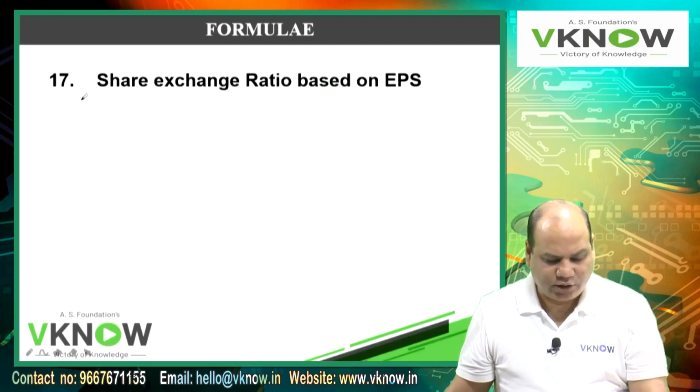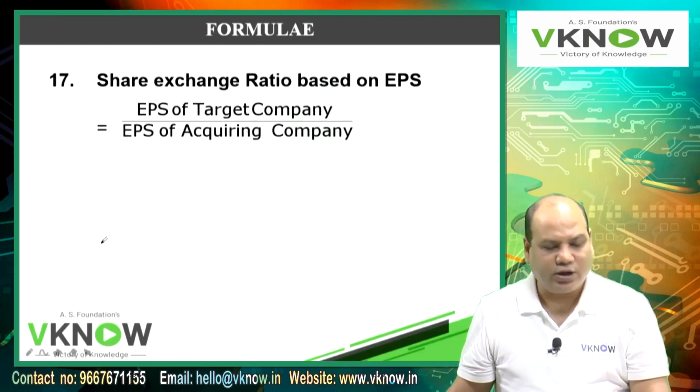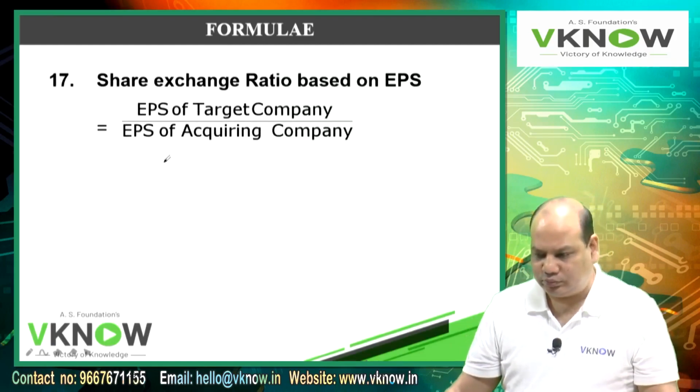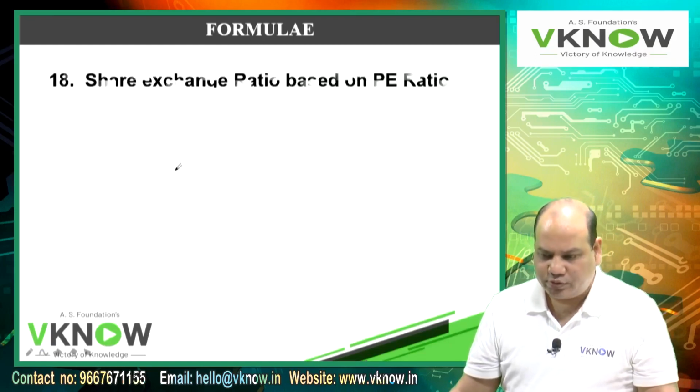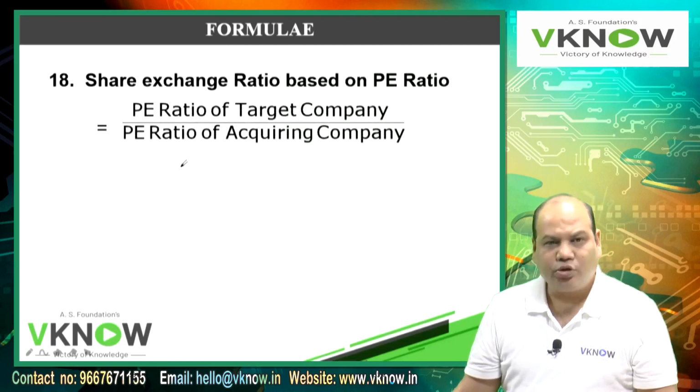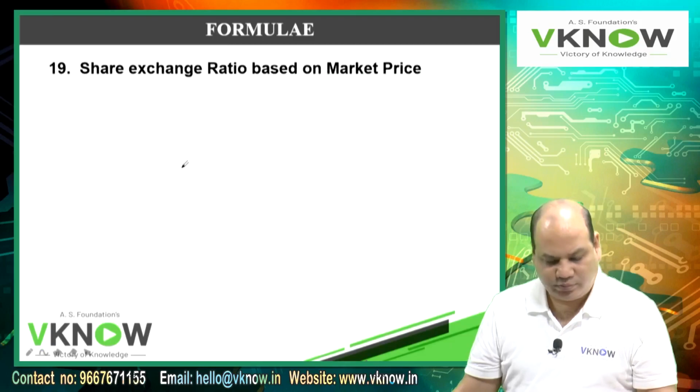Next paragraph. Share exchange ratio based on EPS is EPS of target company upon EPS of acquiring company. Next, share exchange ratio based on P/E ratio is P/E ratio of target company upon P/E ratio of acquiring company.